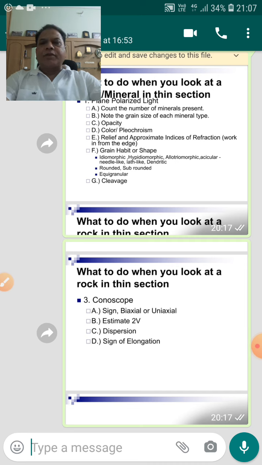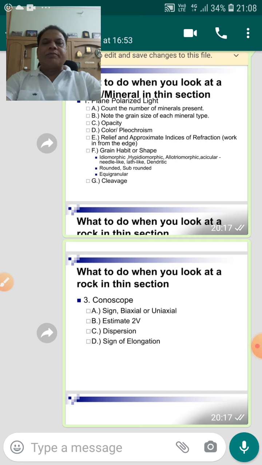Isotropic minerals are those in which light vibrates with the same velocity in all directions, and the minerals which crystallize in the cubic system are all isotropic. The others, in which light vibrates with different velocity in different directions, are called anisotropic minerals. And further, the anisotropic minerals are classified into two categories, uniaxial and biaxial.